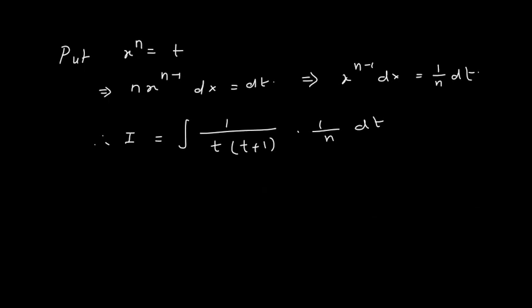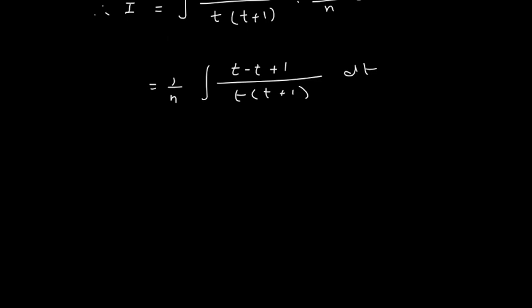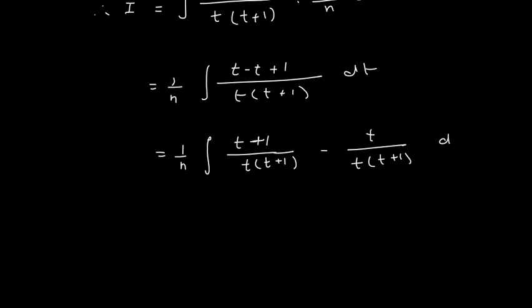So this 1 upon n you can take common. You take 1 upon n out, and this you readjust. You will say that this is t minus t plus 1 upon t into t plus 1. And then you separate this t plus 1. So it is 1 upon n, and here it is t plus 1 divided by t into t plus 1 minus t upon t into t plus 1, into dt.